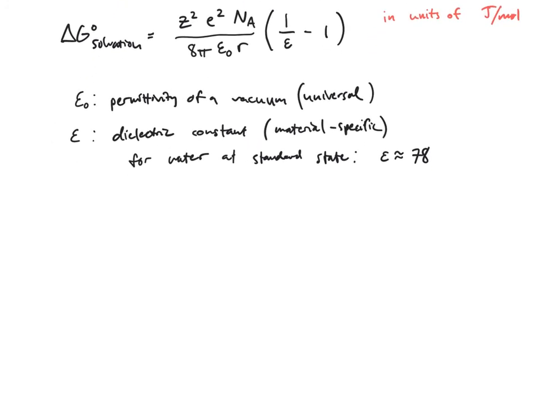So, like I said, this is a very low-level theory. It's a good starting point, though it's still going to be fairly inaccurate. But what are some possibilities for improvements that we could make?